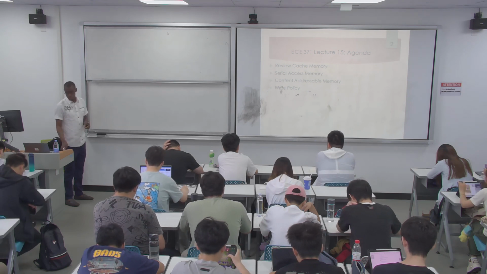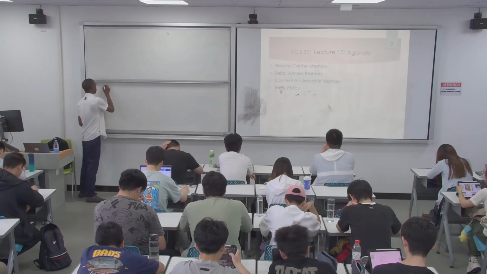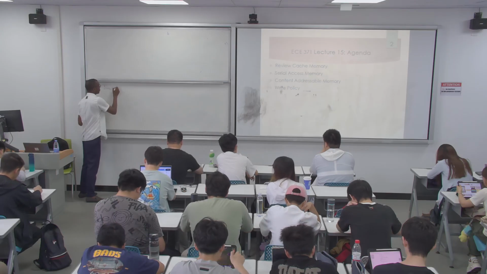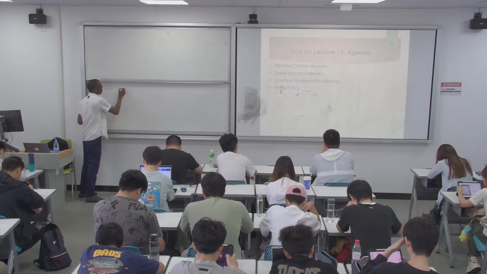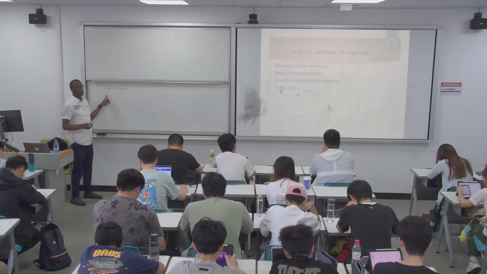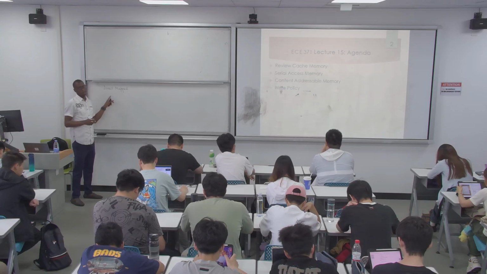So we learned about those cache mapping techniques, starting with the direct mapped. This technique allows a block from the main memory to be allocated into a specific cache line.